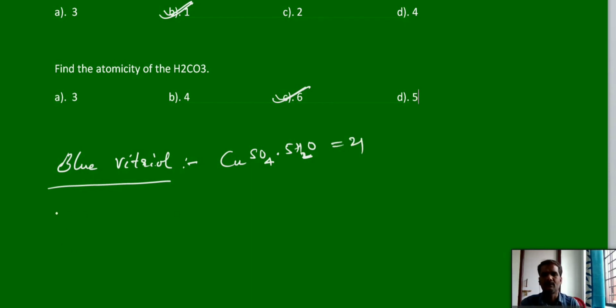And if I ask one more, Mohr's salt? 39. I think a few of the people already listened to the classes, right? They rejoined. Mohr's salt, what is the chemical formula? It is ferrous ammonium sulfate.